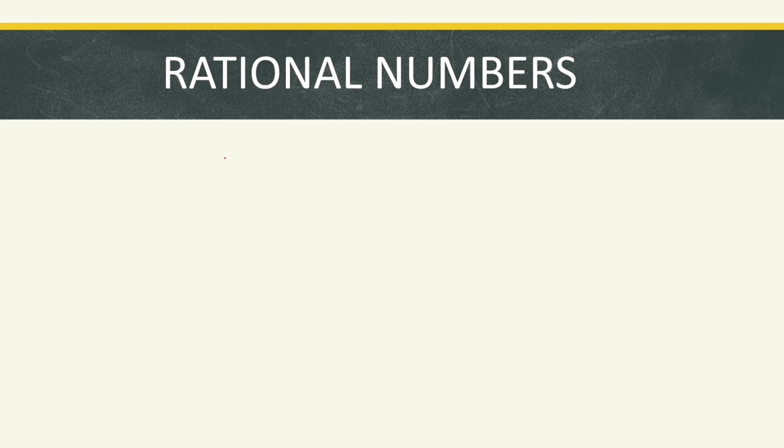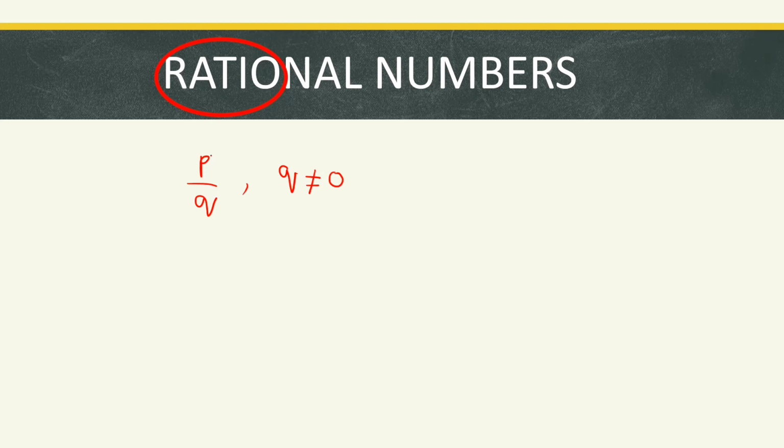Now let's understand what rational numbers are. Rational numbers come from the word ratio. It is a ratio of two integers of the form p by q, where the denominator q is not equal to 0.